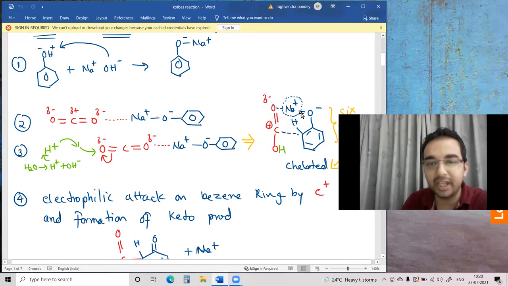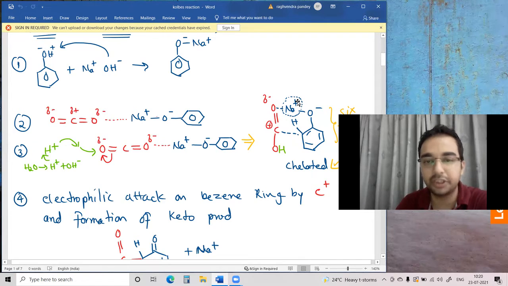The sodium ion is of very good size, meaning it fits exactly inside this 6-membered chelated ring. This ring has first member, second member, third member, fourth member, fifth member, and sixth member. So it's like this, so that you can understand.